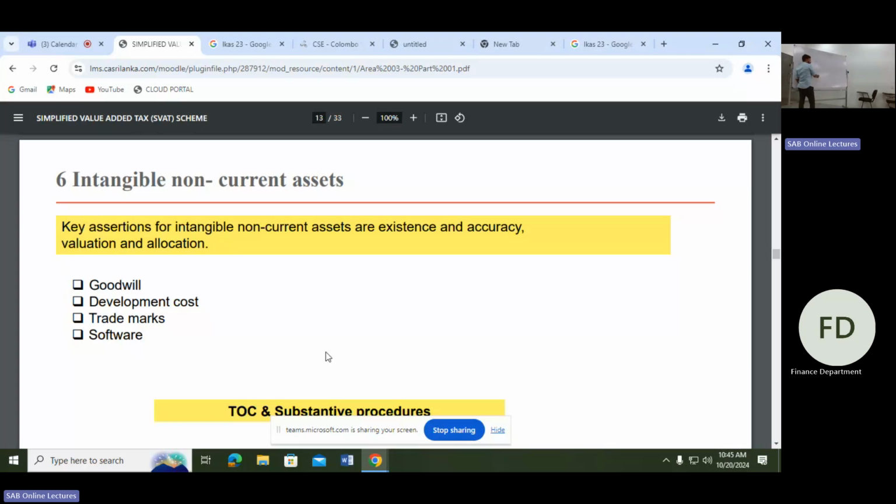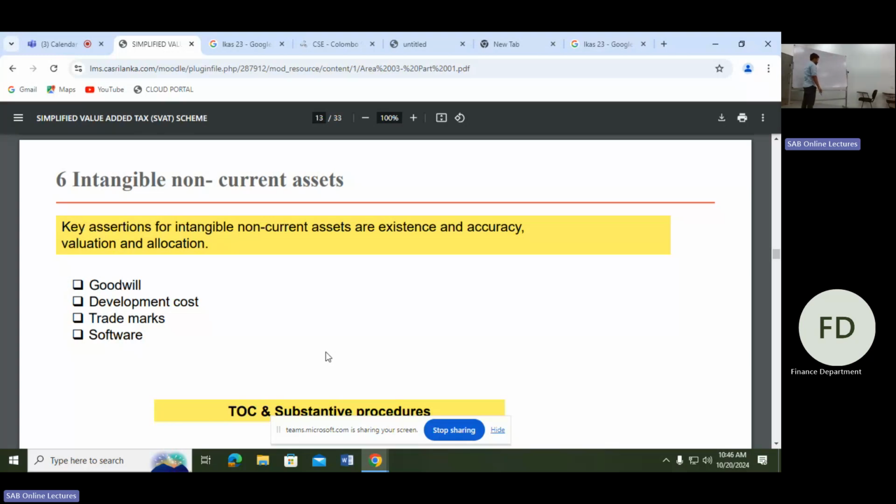We have a separate standard, LKAS 38, Intangible Assets. According to this standard, we have different intangible assets.